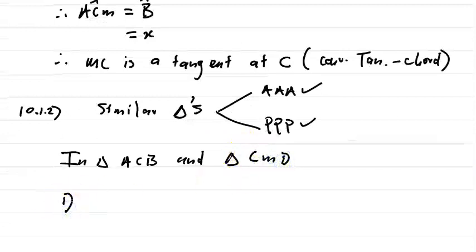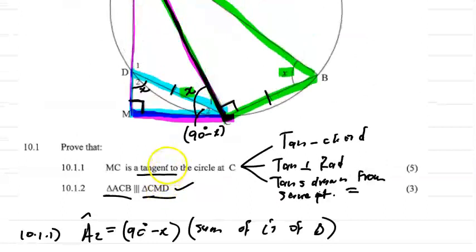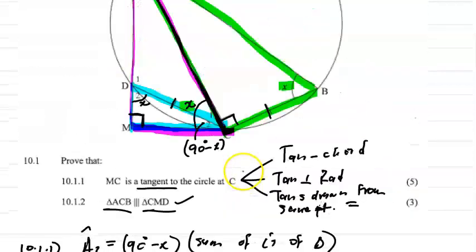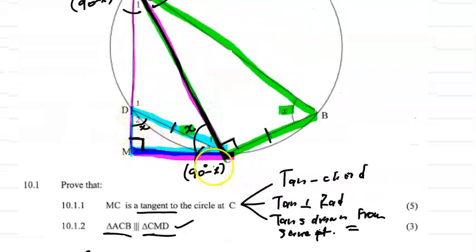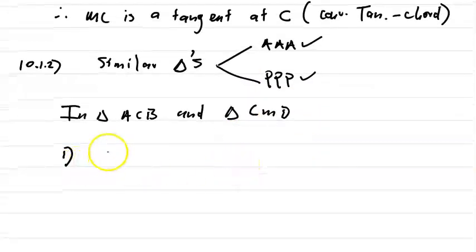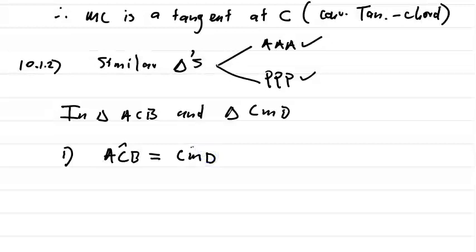Statement number 1 would be that ACB equals CMD, equal to 90 degrees.